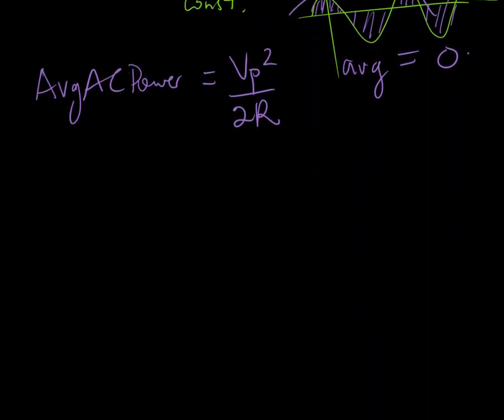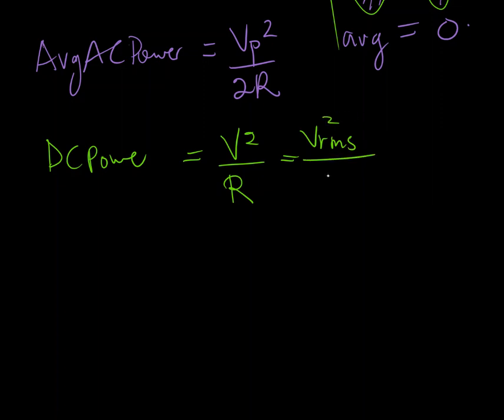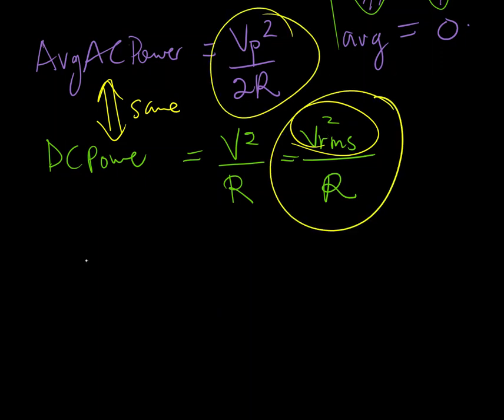The power through that resistor in the DC circuit is still V squared over R, where V is V RMS, and it's the same resistor. The definition is that this V RMS is the DC voltage that would give the same power, so we're going to set these two power equations equal to each other.